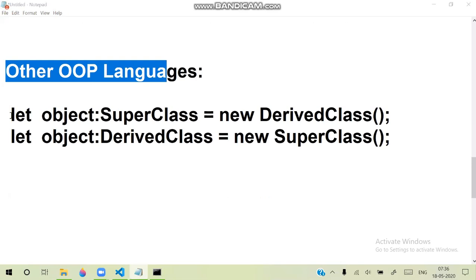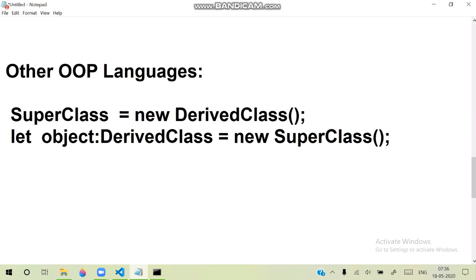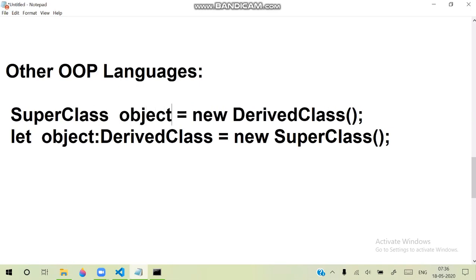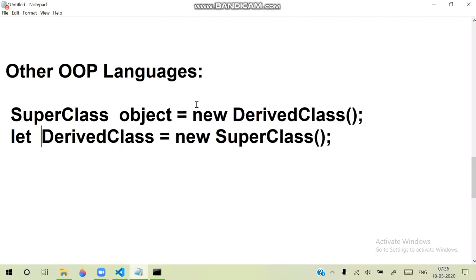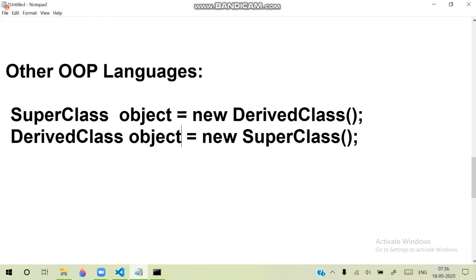Generally what they do is, suppose superclass object is equal to new derived class. Similarly, derived class object is equal to new superclass. So in other OOP languages, this is valid, and this is invalid.